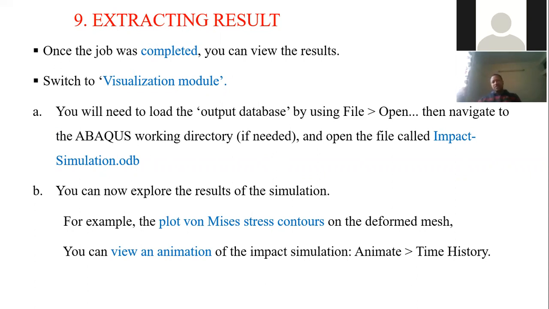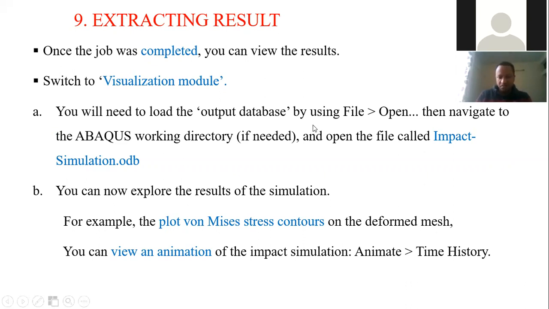After the analysis, once it is successfully completed, the next step is extracting data or outputs: different animations, the contour plots, the von Mises stress, the deflection pattern, and so on. Those things are obtained in the visualization module.